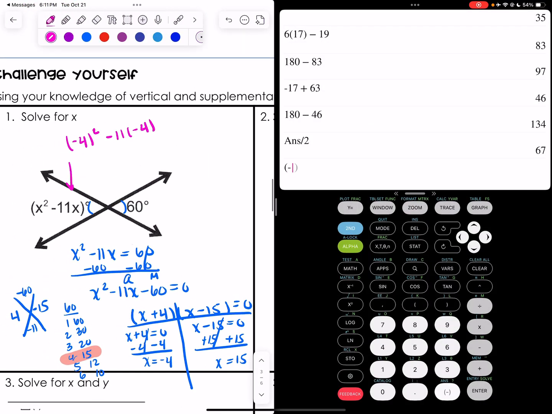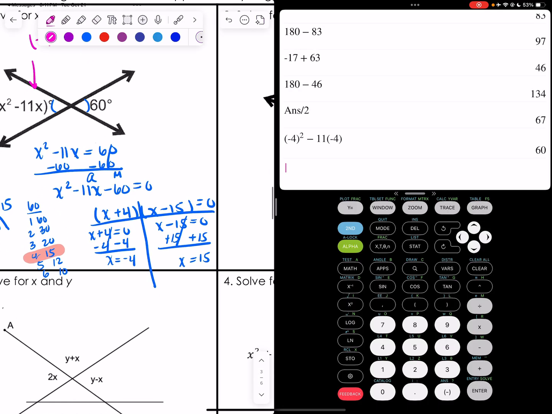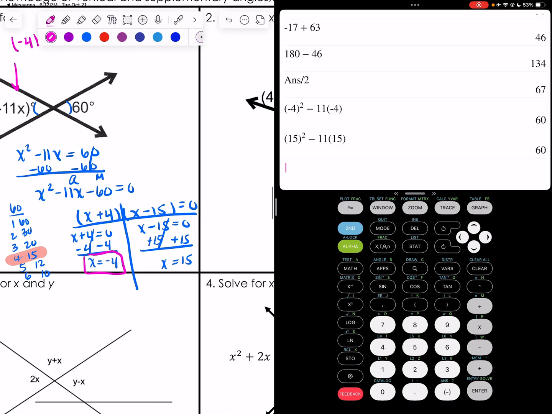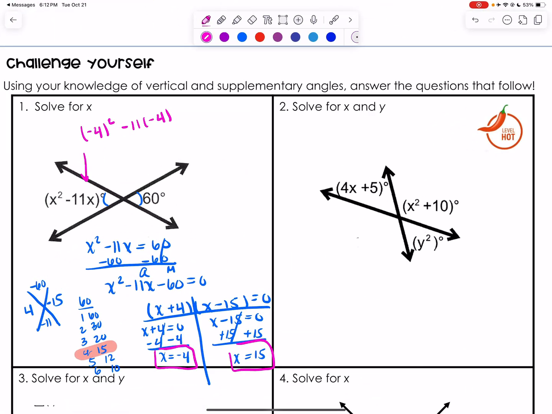So I'm going to type it into my calculator, do negative 4 squared minus 11 times negative 4. Boom, I get 60. So I'm going to keep that negative 4. I'm going to box it. It is correct. Now I'm going to type in 15. So I'm going to do 15 squared minus 11 times 15. And if we look, we are going to keep both of those answers. So x equals negative 4 and x equals 15 are the correct answers for this problem.